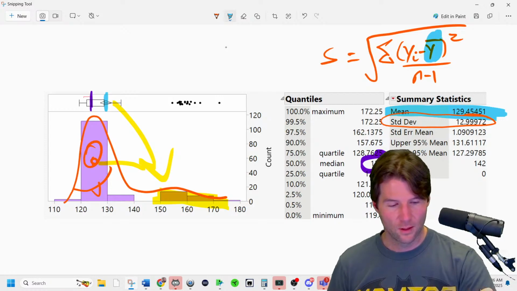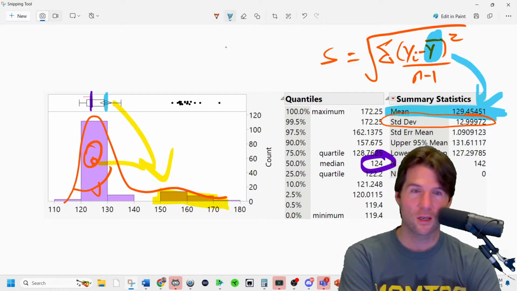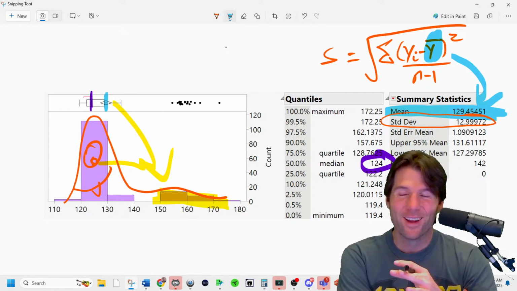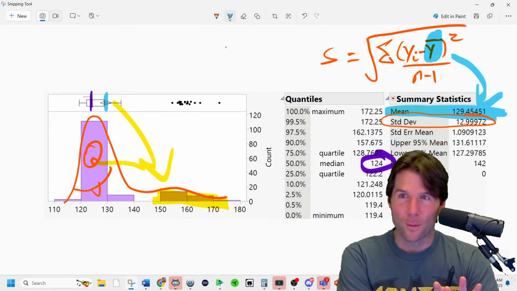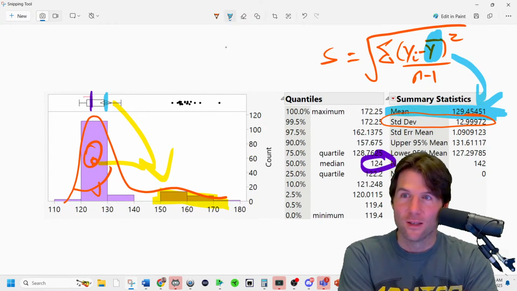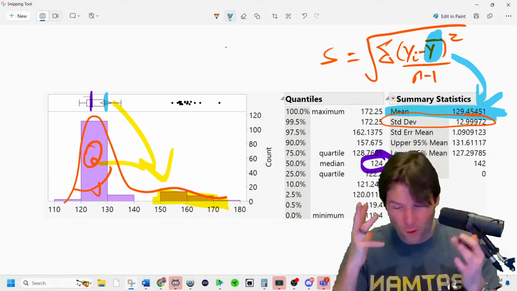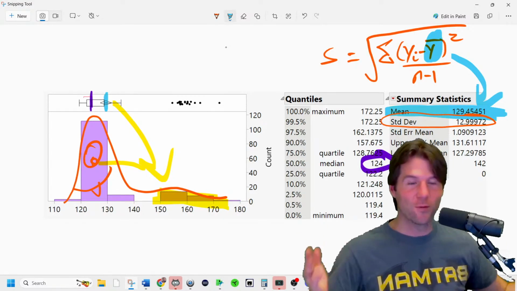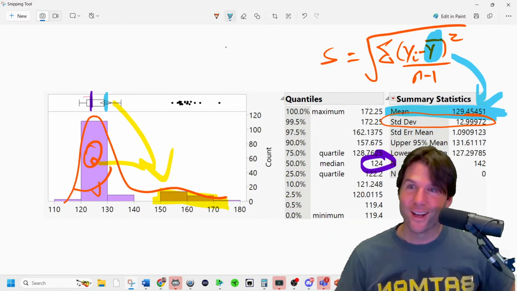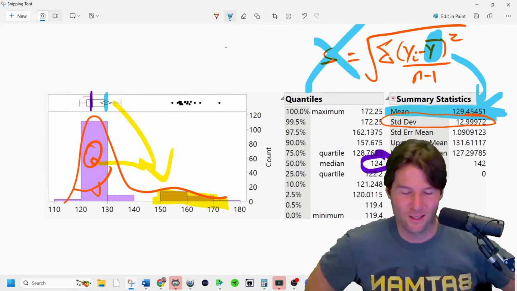So if the mean's not reliable, and it's used to calculate standard deviation, then the standard deviation would be what, logically? If we shouldn't use the mean, then we shouldn't use the standard deviation because it's calculated from the mean.